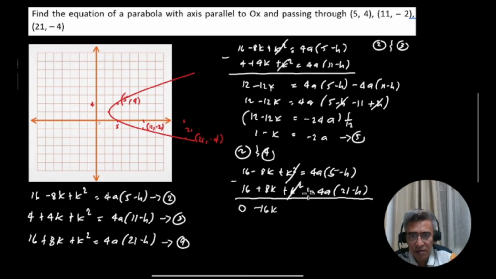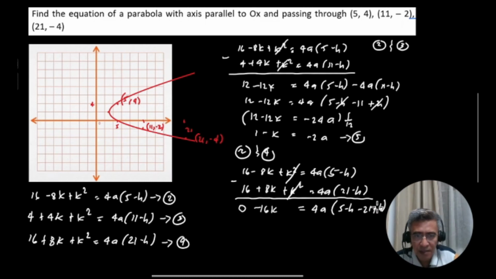So those cancel out and we equate that to 4a times (5 minus h), and negative (21 minus h), inserting the negative sign, negative times negative h is positive h. And we cancel out negative h and positive h. And this will be negative 16k is equal to 4a times (5 minus 21), that's negative 16.